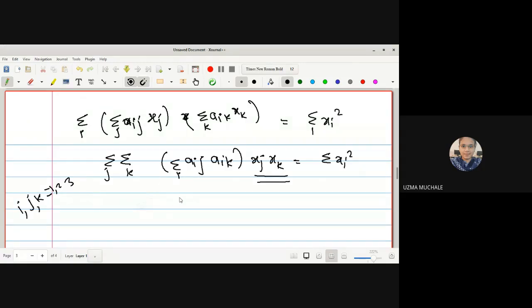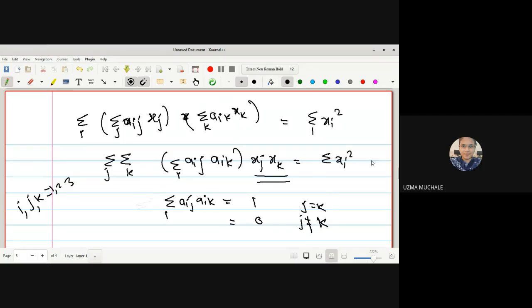So comparing the coefficient, I can write summation over i aij aik is equal to 1 when j equal to k, and it is equal to 0 when j is not equal to k.